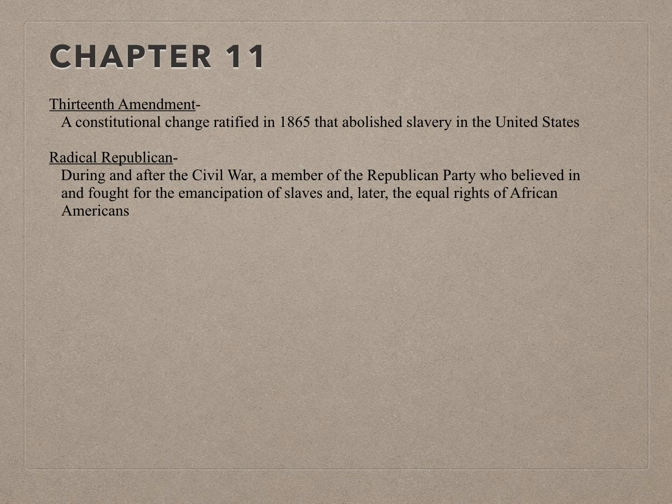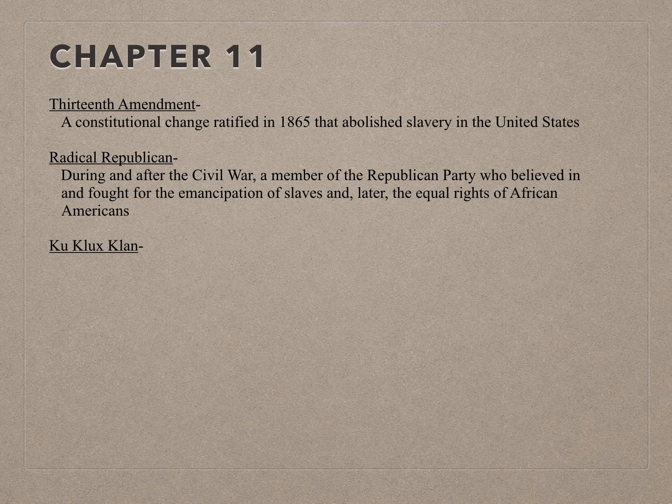During and after the Civil War, a member of the Republican Party who believed in and fought for the emancipation of slaves and later the equal rights of African Americans. Radical Republican. Someone in the Republican Party who took this radical position. What back then was seen as radical.